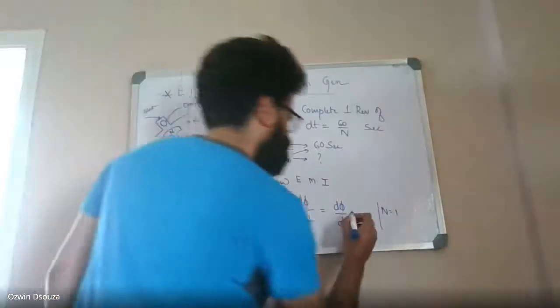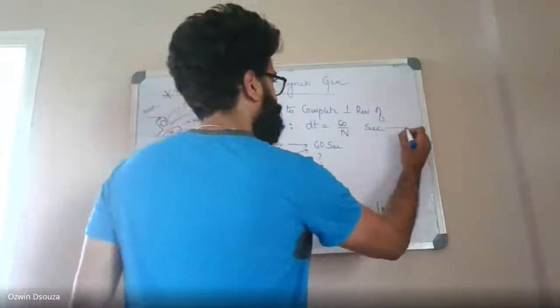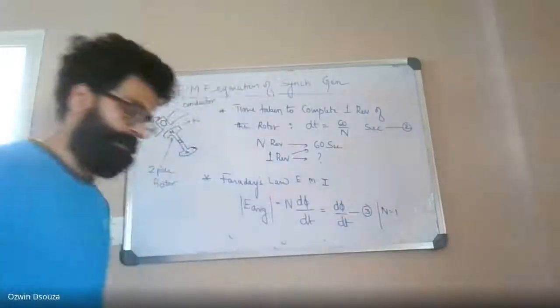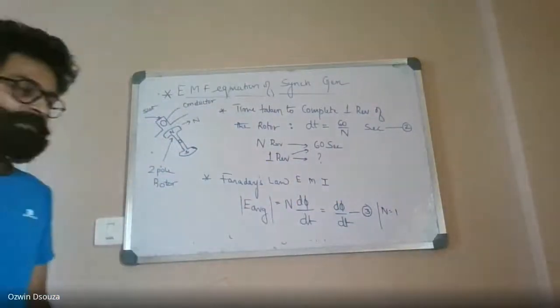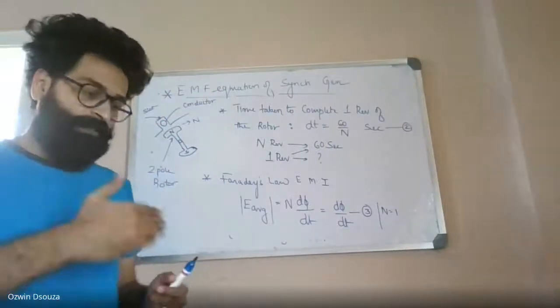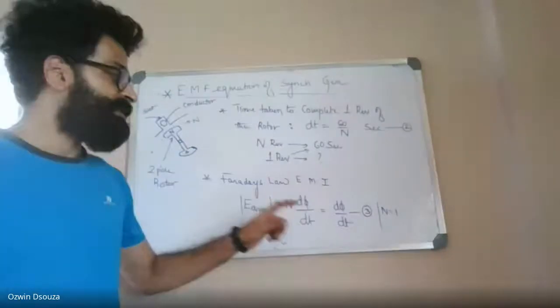Take this as equation 2, and you can take this as equation 3. Now I think you must have understood the objective behind finding out discretely what is d phi and what is dt.